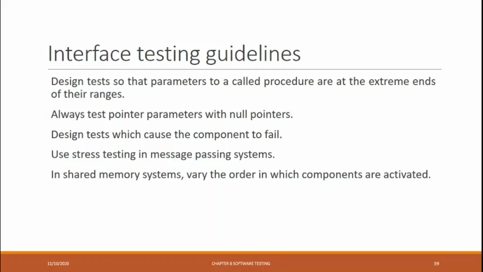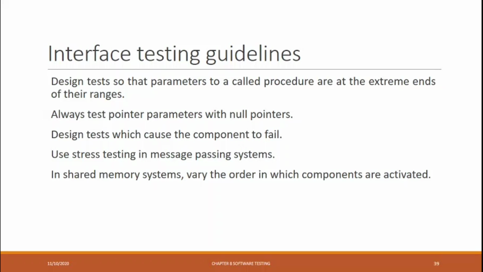And always test the pointer parameters with null pointers. Where pointers are passed across the interfaces, always test the interfaces with null pointer parameters. The third point is to design a test which causes the components to fail. Where a component is called through the interfaces, design tests that cause the components to fail. Different failure assumptions are possible, and one of the most common is specification misunderstanding.